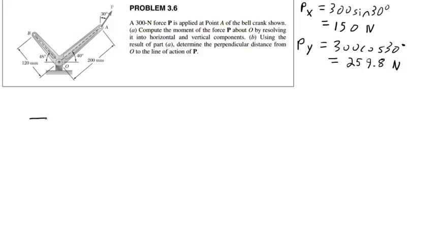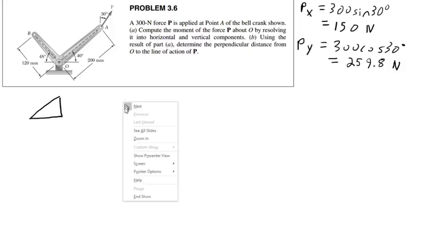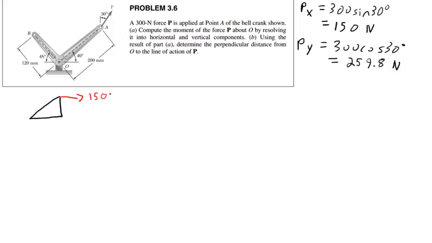I have a vertical and a horizontal component. Let me show you what's happening here. I have this Px, which has a magnitude of 150 newtons, and a Py, which has a magnitude of 259.8 newtons.